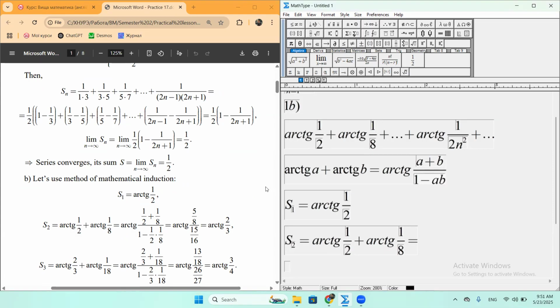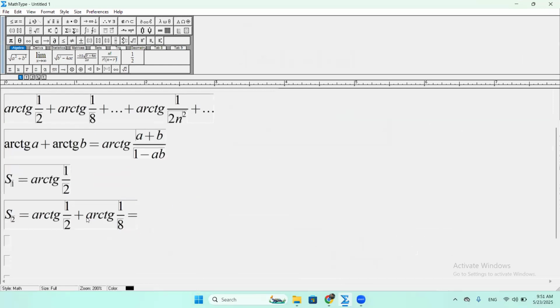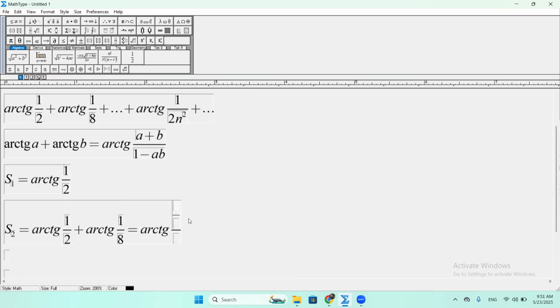So with this formula, calculating these values: 1 over 2 plus 1 over 8, and 1 minus 1 over 2 times 1 over 8.